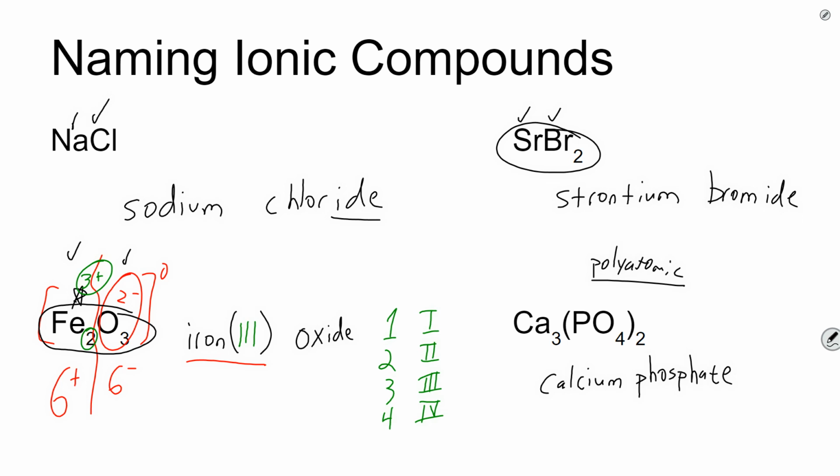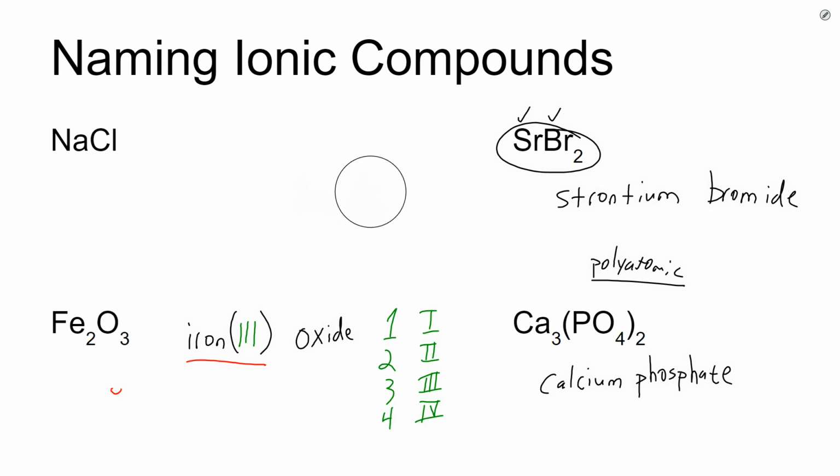By the way, if we wanted to name the individual pieces of either of these, this would be calcium phosphates made up of 3 calcium ions and 2 phosphate ions. If we're talking about the individual pieces, we always have the word ion there. Once they stick together in ionic bond, that is assumed, and we can drop the word ion for the name. So that is how you name ionic substances.